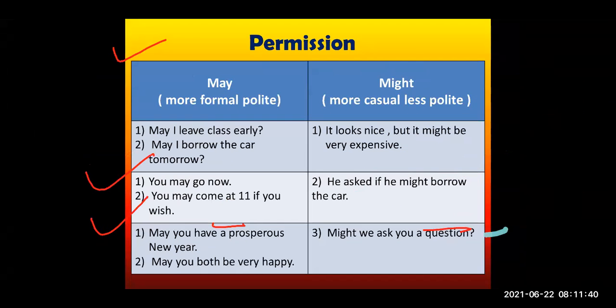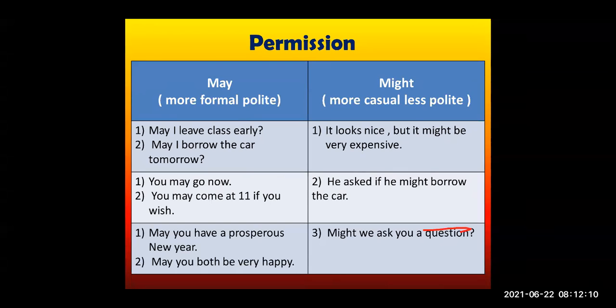Let's see the may or might usage in permission. When we want some permission, at that time we use may and might. Now see, first one is may is more formal, polite, and might is more casual, that is less polite.